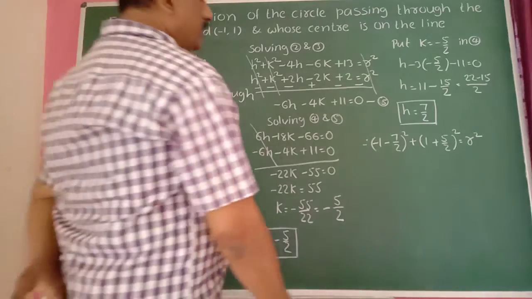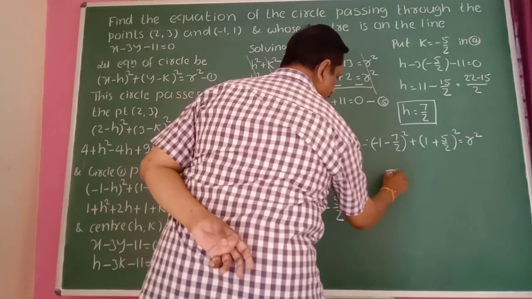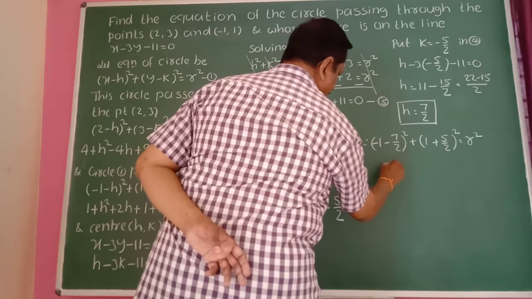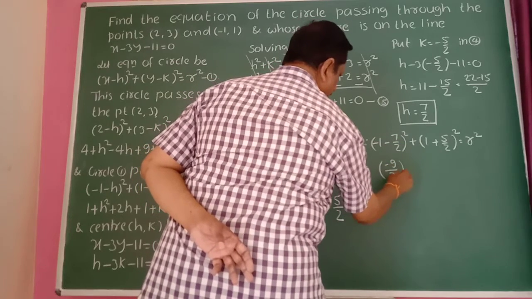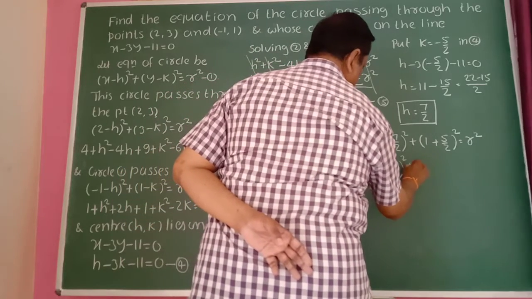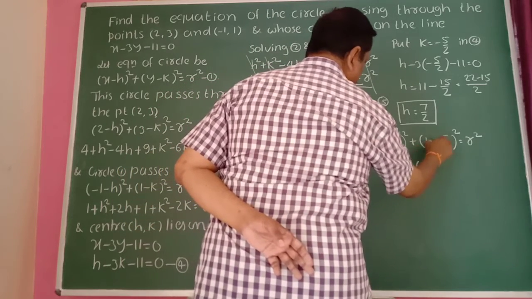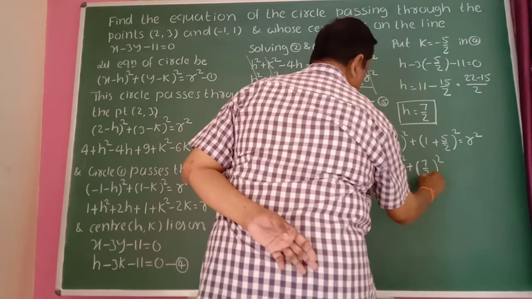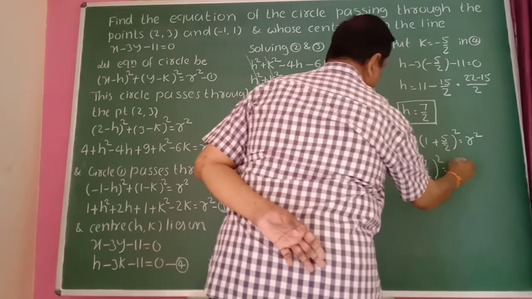Therefore, with LCM 2, 2 ones are 2, minus 2 minus 7 is minus 9, so minus 9 by 2 squared, plus 2 plus 5 becomes 7, 7 upon 2 squared, is equal to r square.